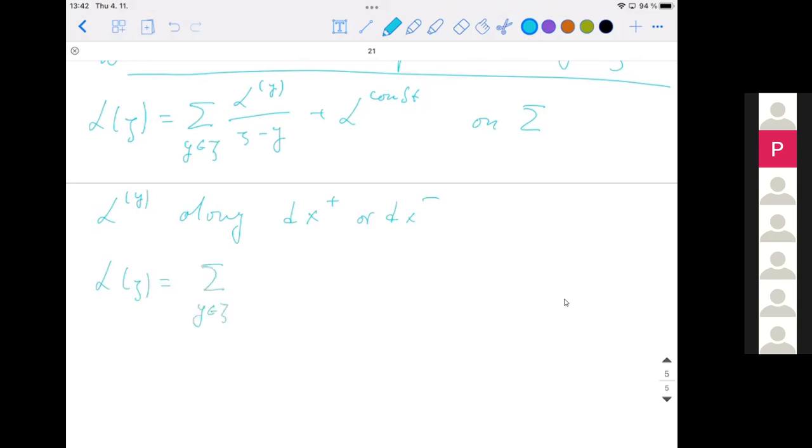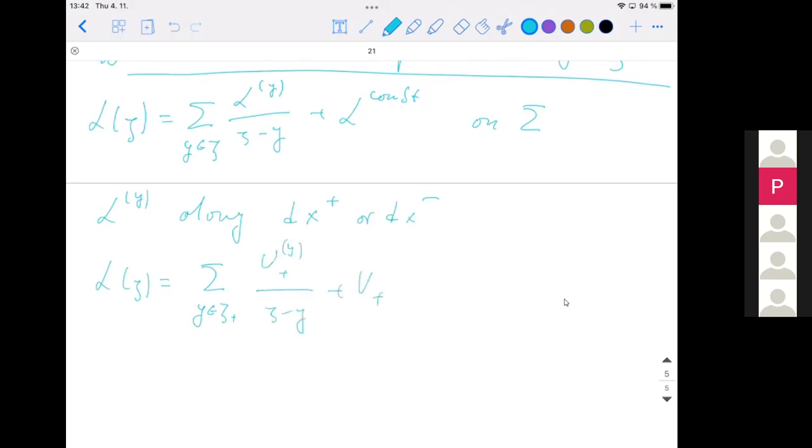Zeros on, which is called this plus x plus, and zeros along the x minus direction. So this happens.